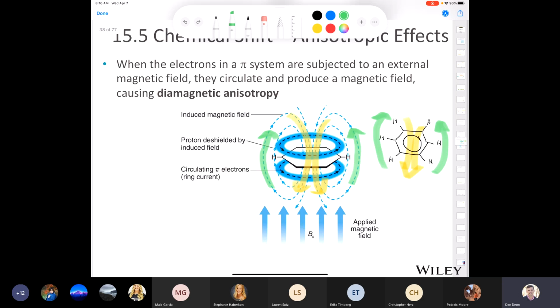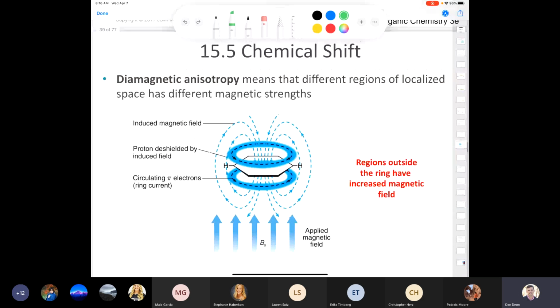Therefore, the difference in energy between the alpha and the beta spin states is going to be greater. That means it's going to take more energy or a higher frequency to cause them to come into resonance, which in turn means that the protons on an aromatic ring are going to have a higher chemical shift. They have a high chemical shift. All right. Anyhow, this is just rehashing what I said already.